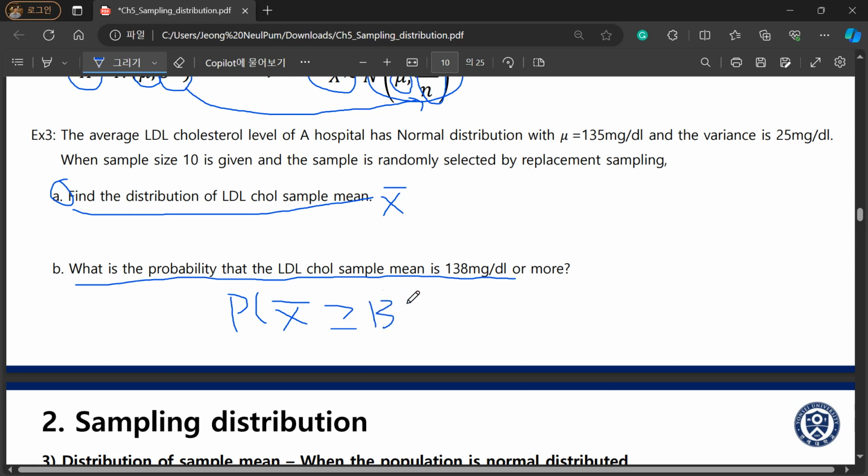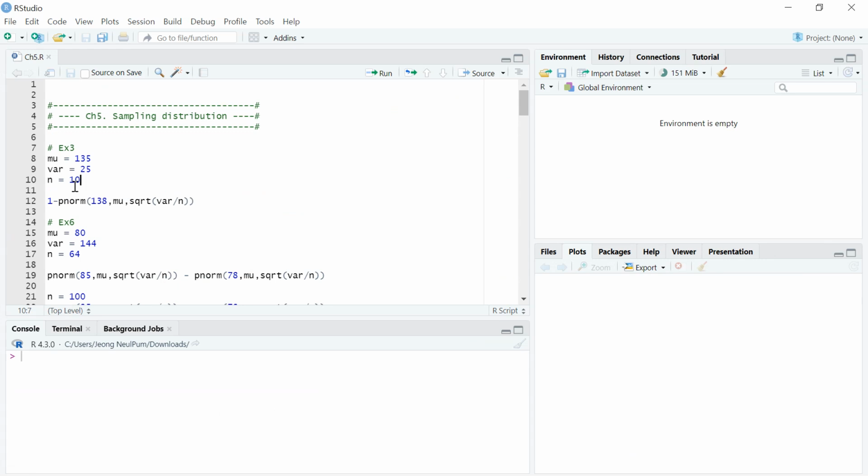And then the probability that our sample mean is greater than or equal to 138. Because we already know the mean and variance of the sample mean, mu is the same as the population mu, and the standard deviation of the sample mean is the square root of the variance divided by n from this information.